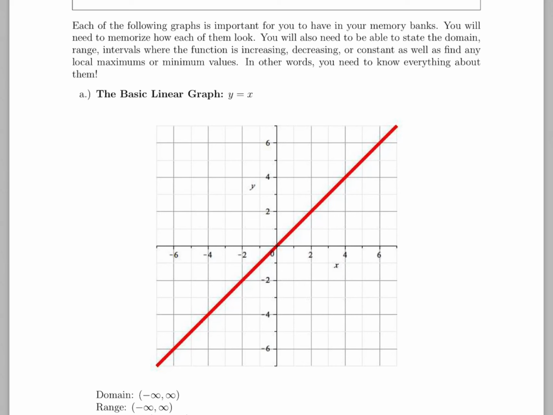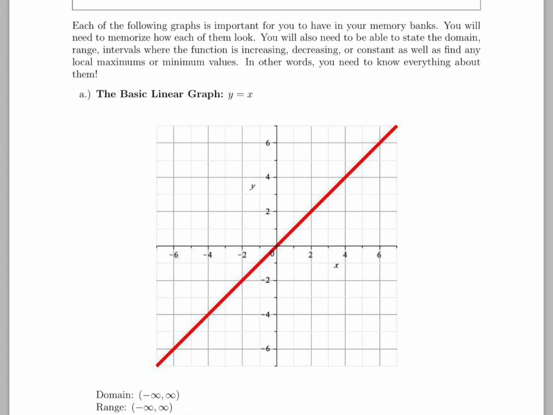First one I want to look at is the basic linear graph, so something that is y is equal to x. When y is equal to x, that means it must go through the origin, so it goes through (0, 0). And it is this straight line that goes off towards infinity and negative infinity. It is defined for all x values, all real values.